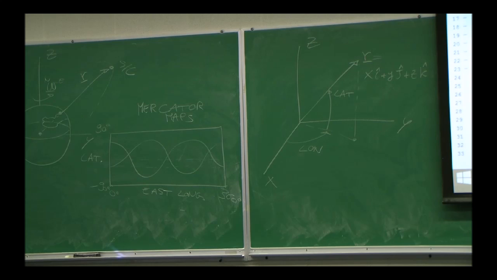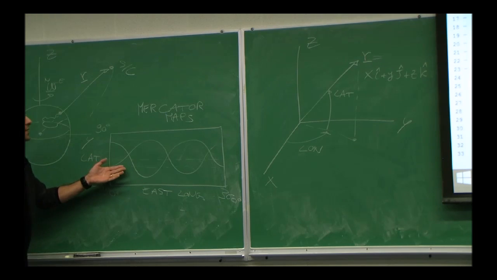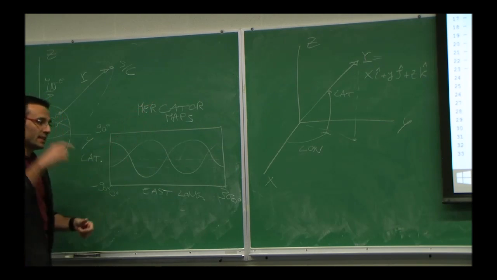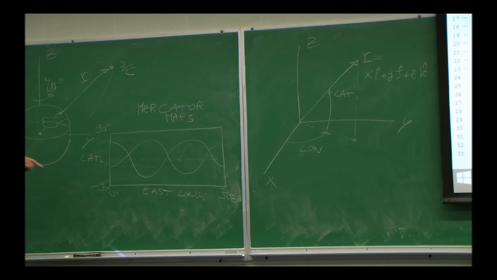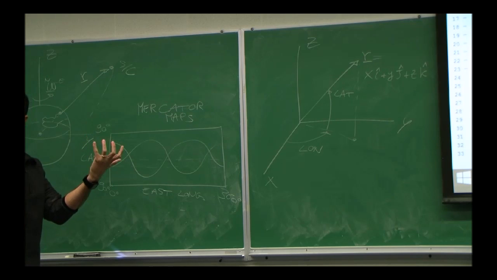What is the problem if I want to tell exactly now where the satellite is seen, longitude and latitude on the planet? What do I need? What piece of information am I missing here? Earth is not sitting still under this thing. It's rotating.